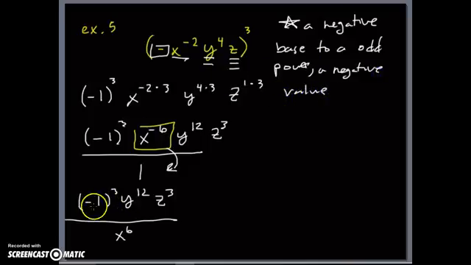Kind of sloppy. But we got a negative base being taken to an odd power, so it's going to be a negative number, and 1 times itself 3 times is 1. So we just got negative y to the 12th, z to the 3rd, all over x to the 6th. Good luck on the homework.